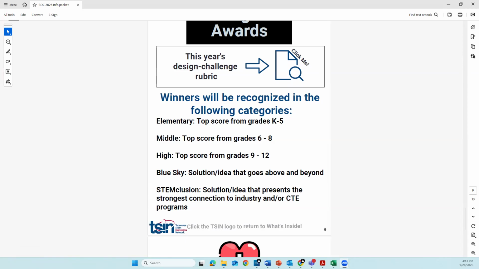We don't have students there, but the teacher will be invited with a free ticket to accept the award on stage this year. So we're going to be presenting the teacher with an award on stage at Summit this year, and we will be providing one free ticket to the teacher to represent that group for the day. So that is new, and we are excited to do that.